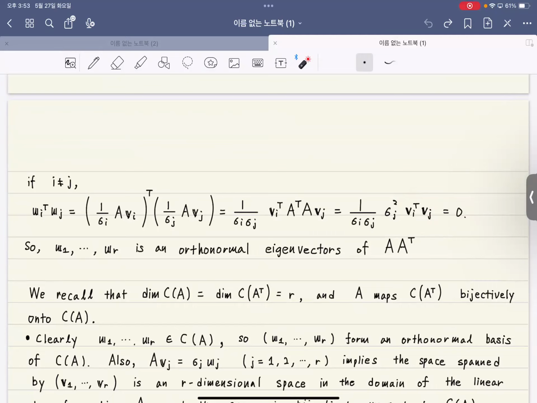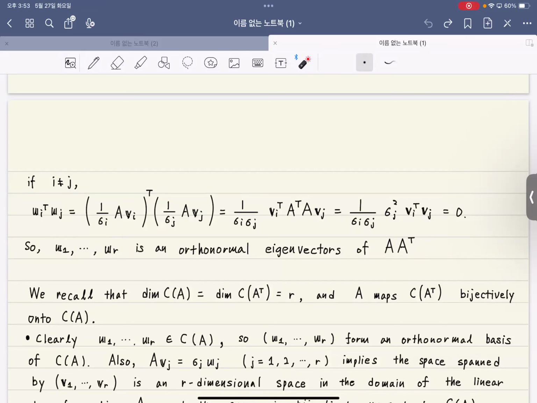So that means if Vi and Vj are orthogonal to each other, then Ui and Uj are again orthogonal to each other. And orthogonal vectors are automatically linearly independent, right? So U1 to UR are orthonormal eigenvectors of AA^T.